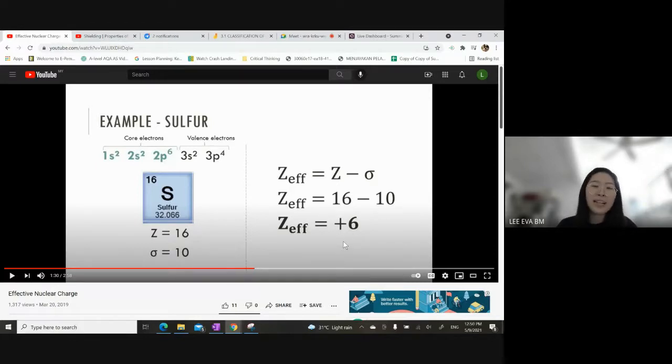Something like how much is the force of attraction from the nucleus. So instead of 16, which is the proton number, you only experience positive 6 from the nucleus. So the force of attraction between the valence electron and the nucleus is what we call the effective nuclear charge.